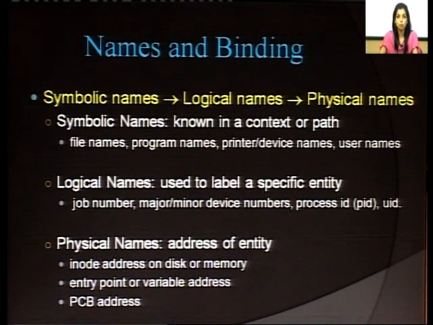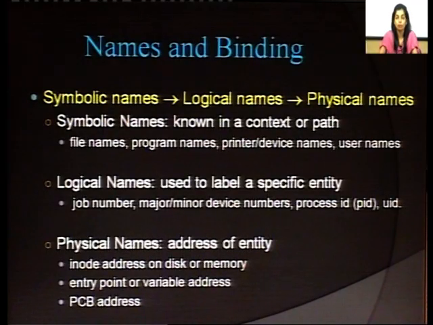Then if you want to trace that particular student on a board, the class roll number is converted into a registration roll number. The registration roll number is the physical address, the logical name is the class roll number, and the symbolic name is the name of the student. In this way we convert a logical name into a physical one.